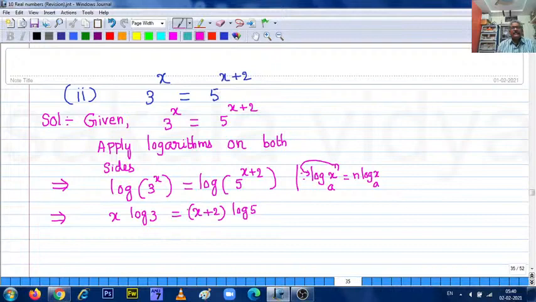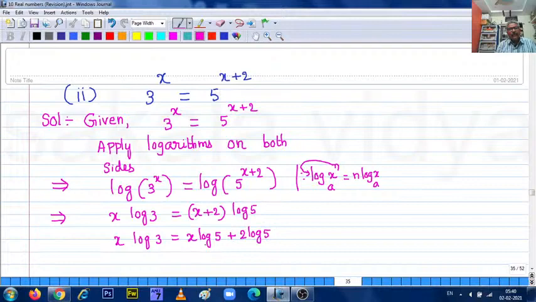So this is x log 3 equals x log 5 plus 2 log 5.